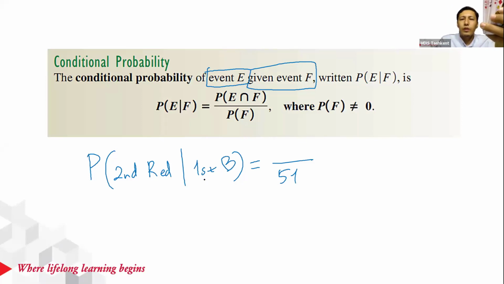There were 26 total, but I took out a heart, which is also red. So 25 red cards left. So the probability is 25 over 51. That is conditional probability. The condition is given.